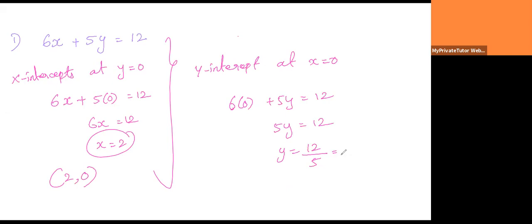So what is the decimal? 5 2s are 10, we are left with 2, and 20. 2.4, guys, right? So you can write the answer as (0, 12/5), or else which is the same as (0, 2.4). I hope everyone understands.